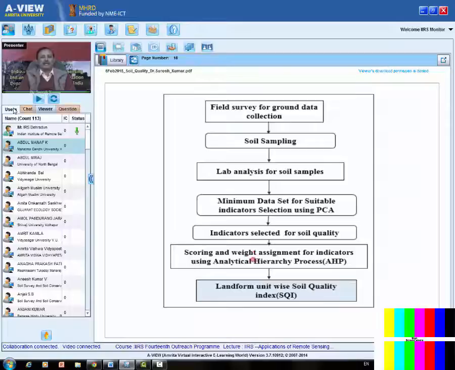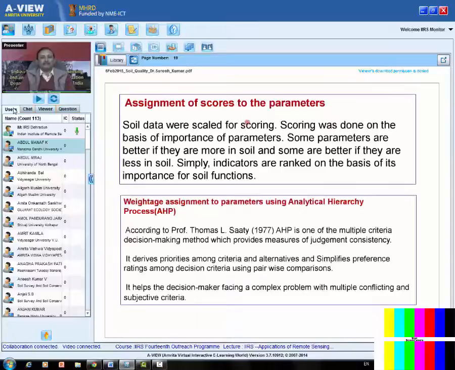Then you get the W and S values, and for each soil point we calculate the soil quality, and then we sum up or average that to assess the soil quality for that land area. So, assignment of the scores as I have discussed, and the weightage by the AHP method.